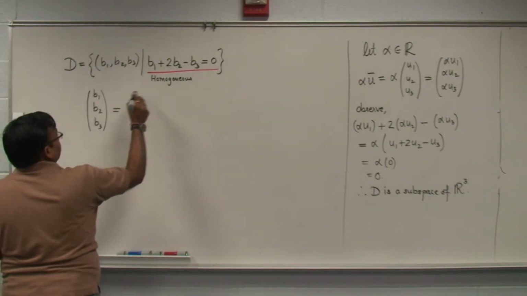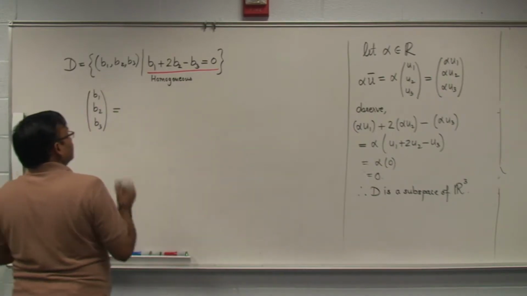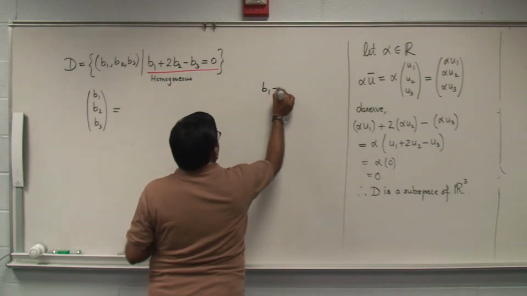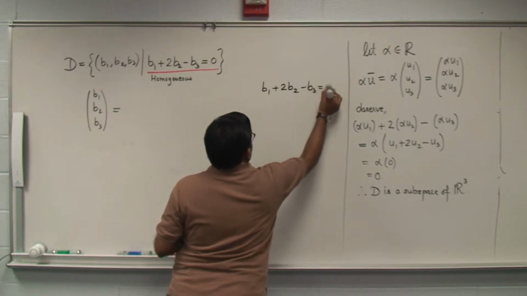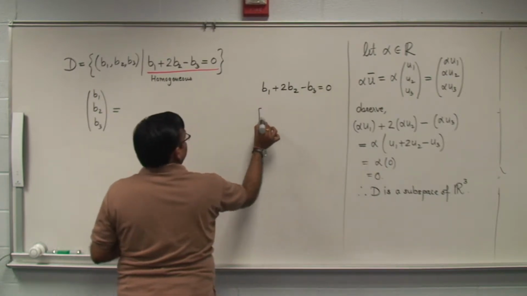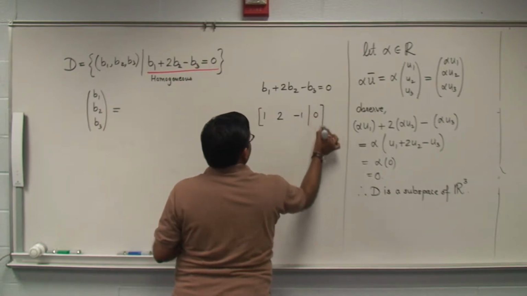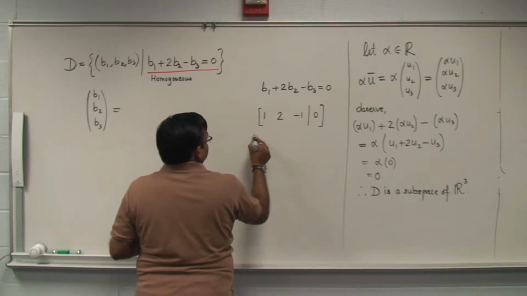So let's see. If we are given a homogeneous system like this, how do we write the solution? Remember, here is my system b1 plus 2b2 minus b3 equal to 0. Here is its augmented matrix, 1, 2, minus 1, and 0. Okay?